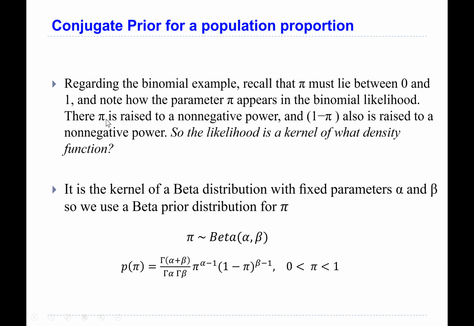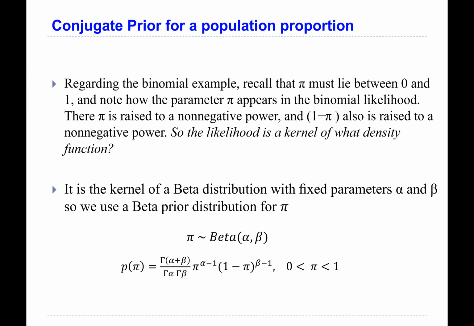We found that pi is raised to some non-negative power, and 1 minus pi is raised to some non-negative power. So the likelihood is a kernel of what density function? Beta distribution. So it is the kernel of a beta distribution with fixed parameters alpha and beta. So we can use a prior distribution for pi as a beta distribution with some alpha and beta.